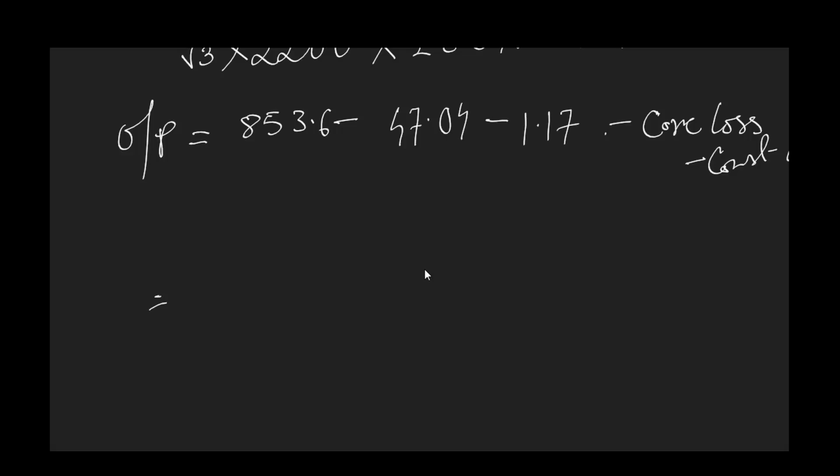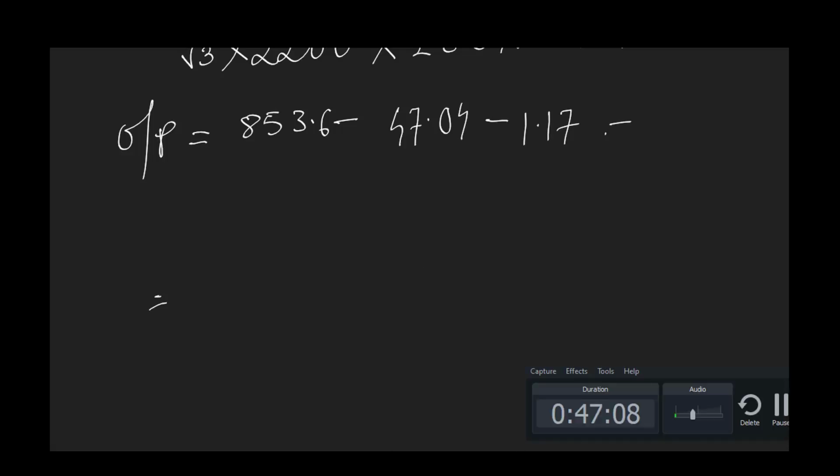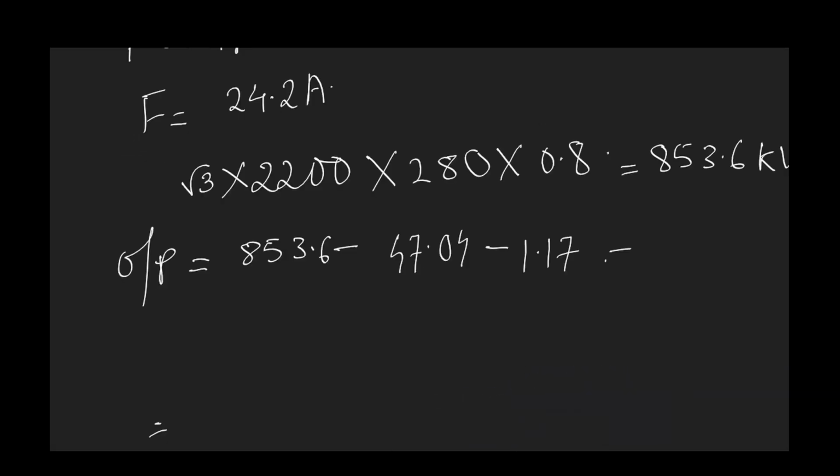And this core loss, just a minute, the core loss at that particular point is something like 8.4. So it is 8.4, let us add 8.4 plus 10, that is the constant loss.